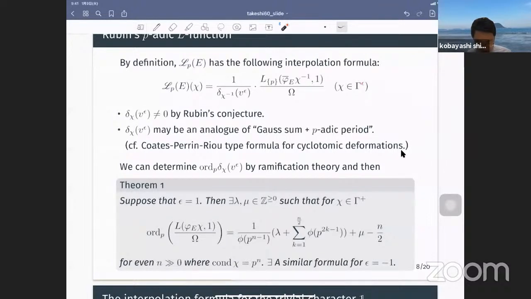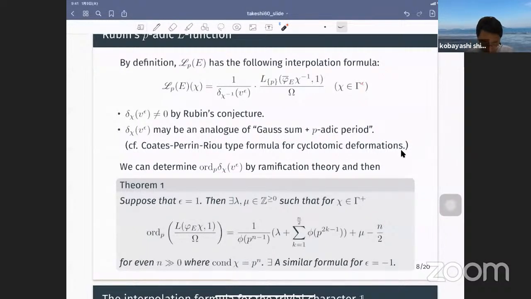The answer is like this. This is the variation of p that comes from the variation of the period, and this value comes from some part of this invariant.